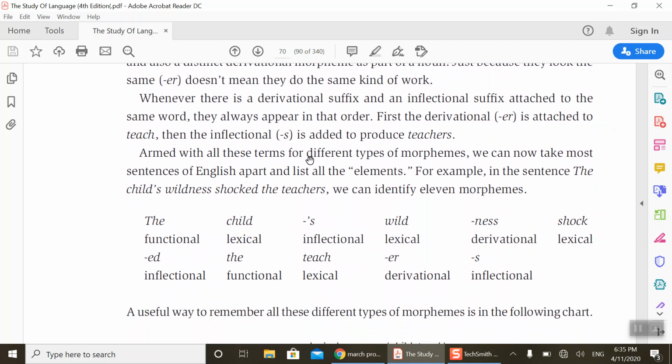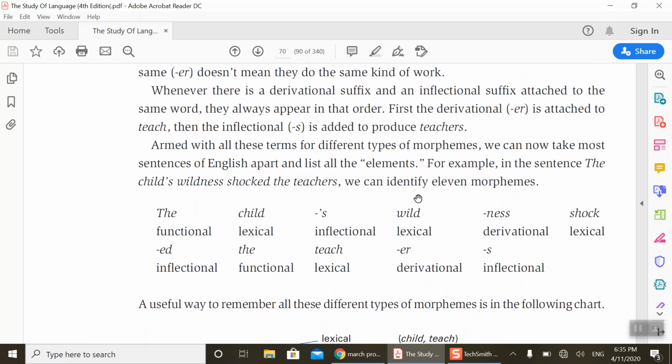Armed with all these terms for different types of morphemes, we can now take the syntax of English apart and list all the elements. For example, look at this sentence, very important: The child's wildness shocked the teachers. I will give you sentences like this in the exam and ask you to identify the morphemes. The is functional.